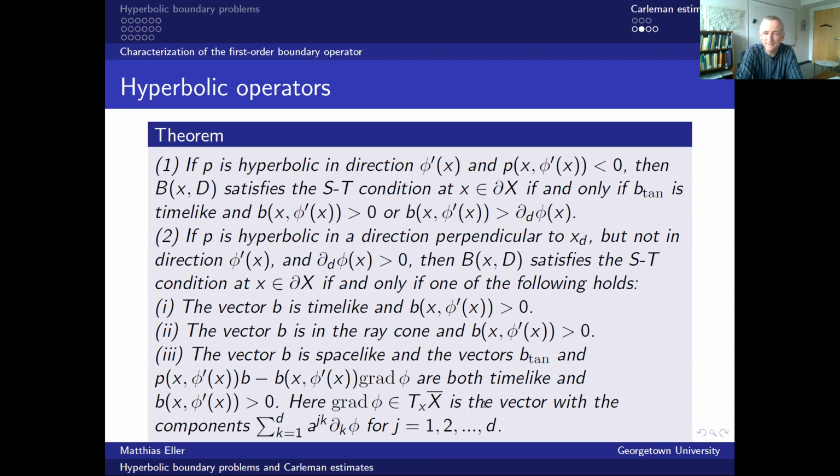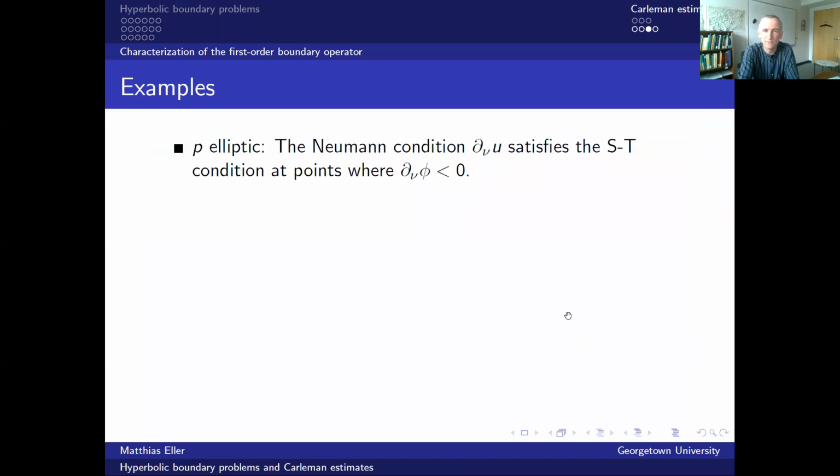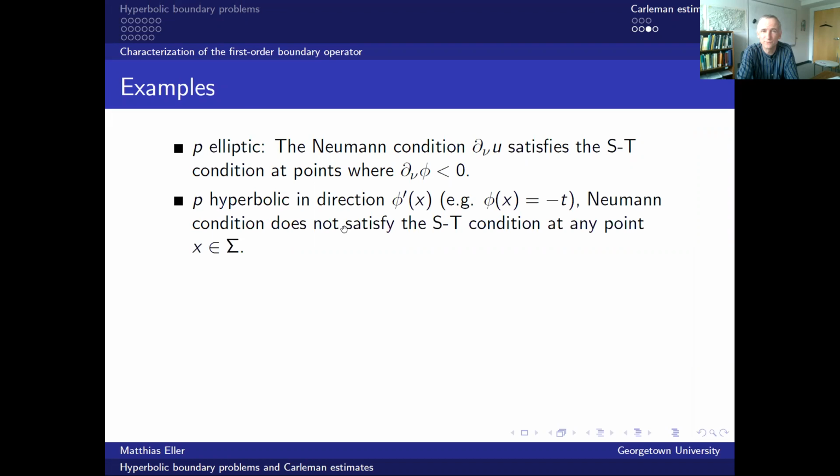Yeah, but this is good. And I was looking for conditions like this because I wanted to have it invariantly, so to speak, so that it doesn't depend on the choice of coordinates. Still, this is a complicated condition, and the examples I can give with it are not too satisfying. But it clarifies indeed that the Neumann condition for elliptic operators, that goes back to the slide before, satisfies the Sakamoto-Tataru condition.